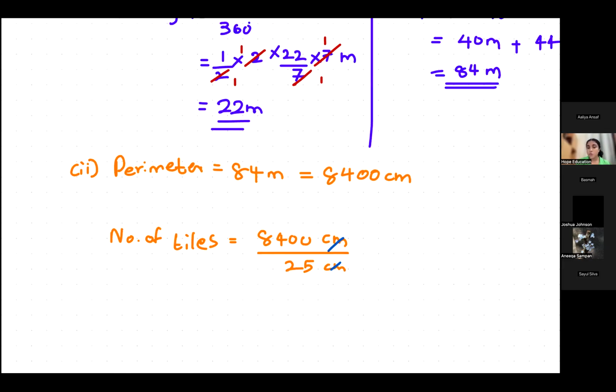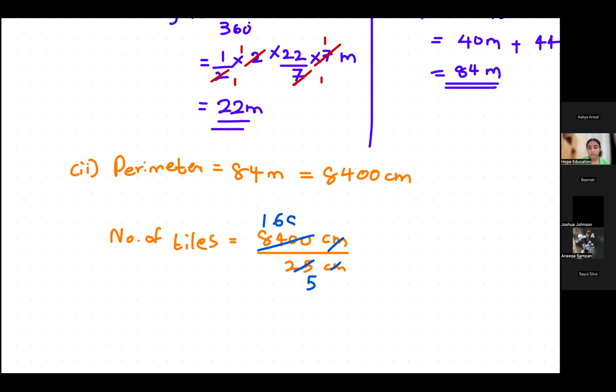5 times 5 is 25. 5 times 1 is 5, 6, 7, 8, 3 remaining. 34 is 5 times 6: 5 times 6 is 30, 31, 32, 33, 34. 4 remaining. 40 is 5 times 8.